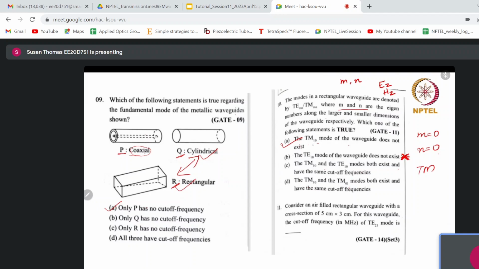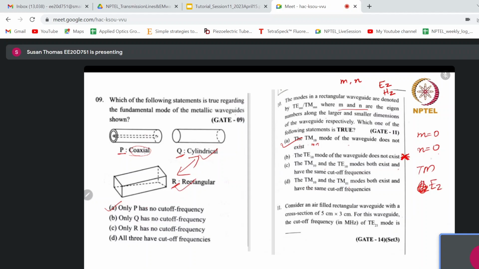Why? Because here N is becoming 0. N can never be 0. So if N is 0, then that mode field does not exist. In case of TM, EZ should exist.